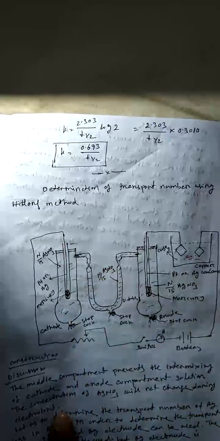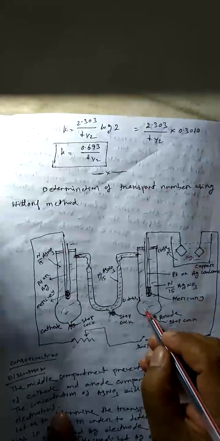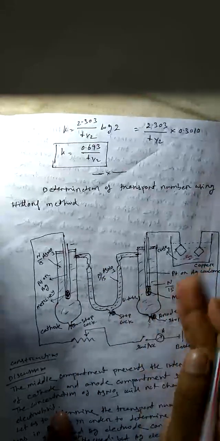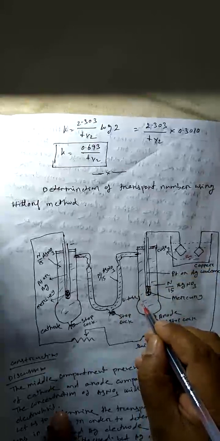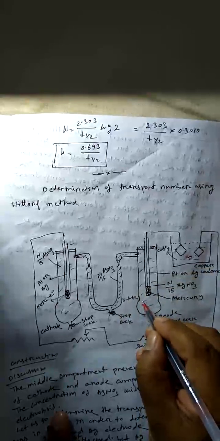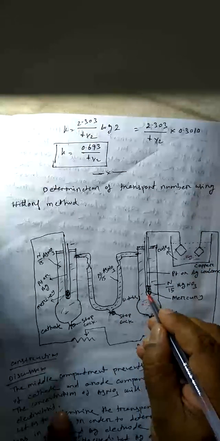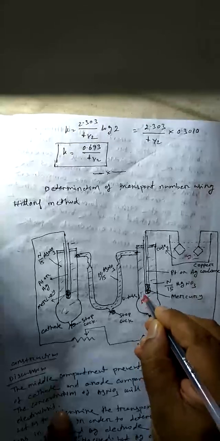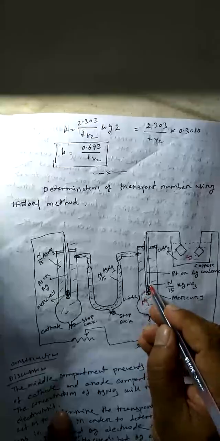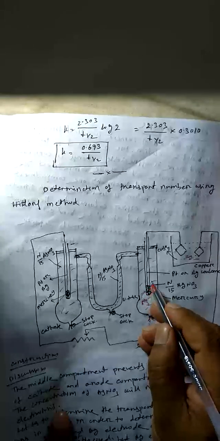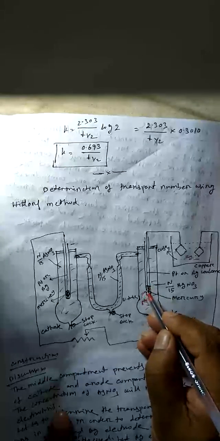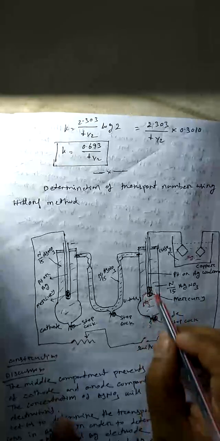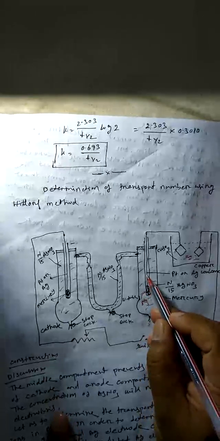Now during electrolysis, the anion moves towards the anode. This nitrate ion will move towards the anode. When the nitrate ion moves towards the anode, it will attack the silver electrode and release some silver ion. In the case of platinum electrode, platinum is the inert electrode.